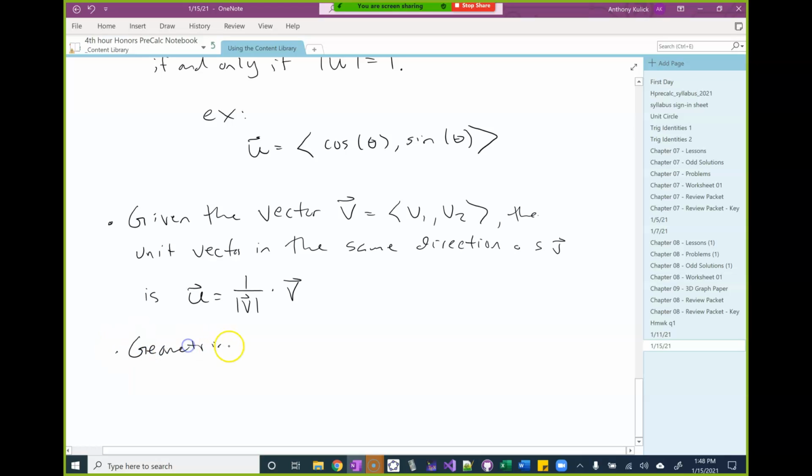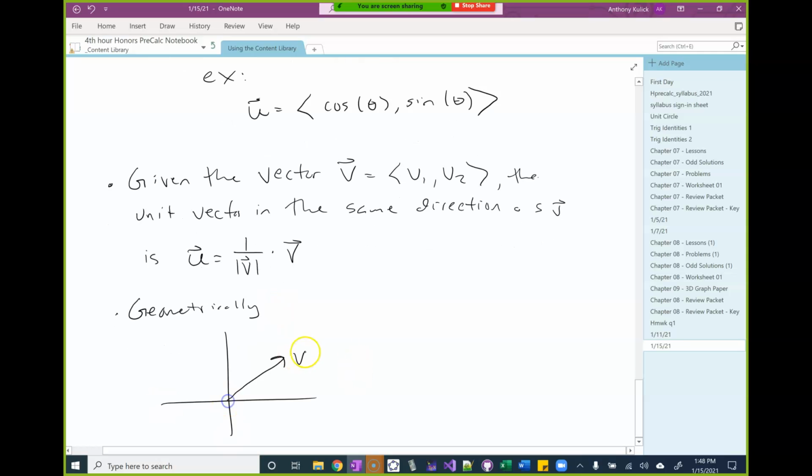So here's our v. There's our u, where u has magnitude 1. It basically is just shrinking it down. The orientation, the direction of that vector stays the same. We've just shrunk it down to have length 1.